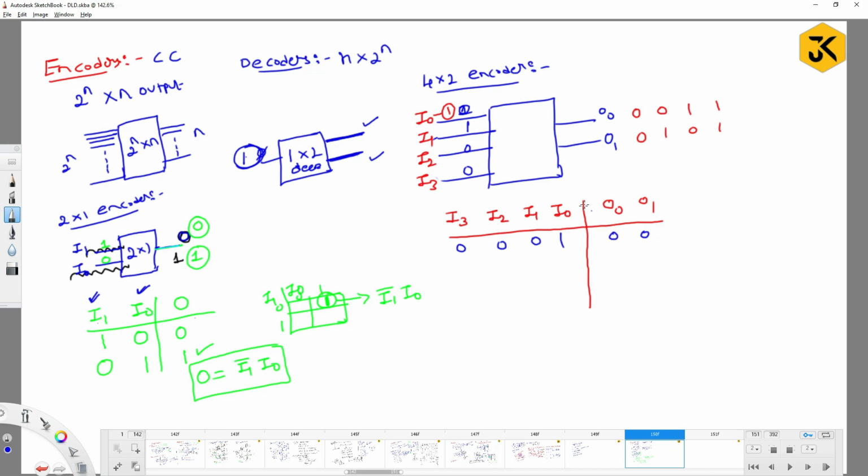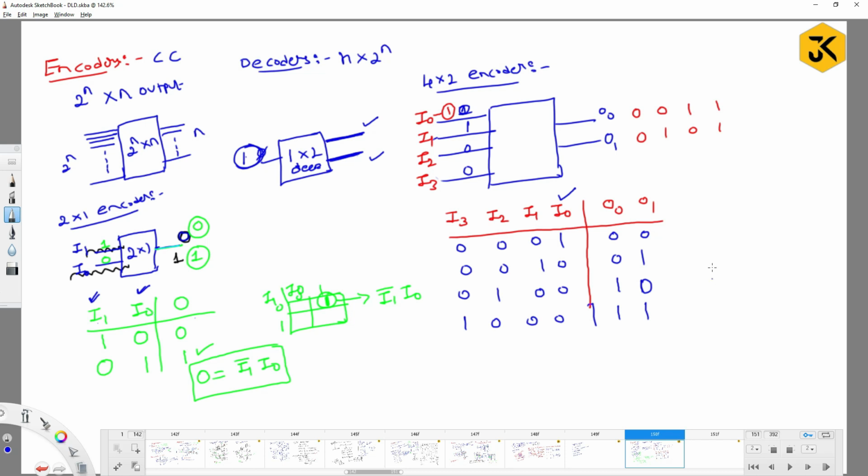What is the meaning of this? When the I0 input is high, you are going to get the output 0 0. So if we say like this, you can go with this: 0 1, 1 0, and for 1000, you are going to get 1 1 as output. So this is the way your encoder is going to work.